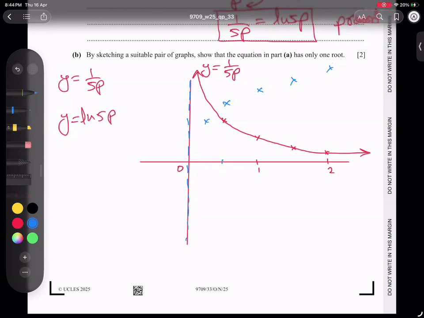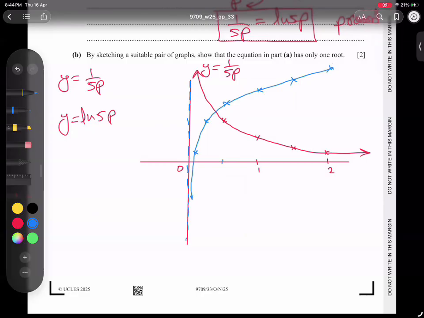When I plug in 1.2, I get 0.25. It is coming closer. So the graph is coming this way. You can understand from here, the graph is coming this way, so this is coming as an asymptote.